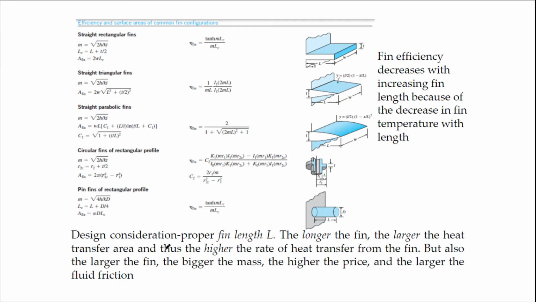Technically, yes, therefore a higher heat transfer rate from the fin, but it comes with a price. If you make the fin very large, you will increase the mass, and then increase the fluid friction. Therefore, we want to calculate what is the best. That's why we calculate efficiency to determine whether it is acceptable or not.